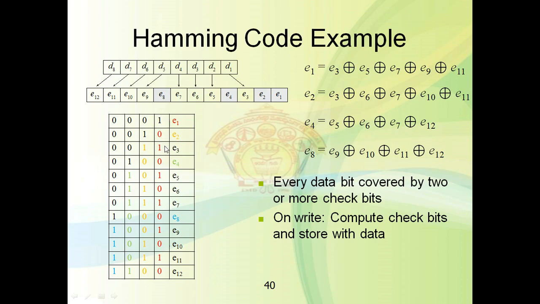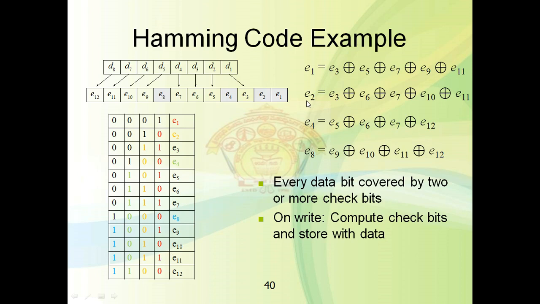Collect all the terms having 1 in the first column. So that is E3, E5, E7, E9 and E11. Let us XOR these bits to get E1. So E1 is equal to E3 XOR E5 XOR E7 XOR E9 XOR E11. In this way we can calculate E1.